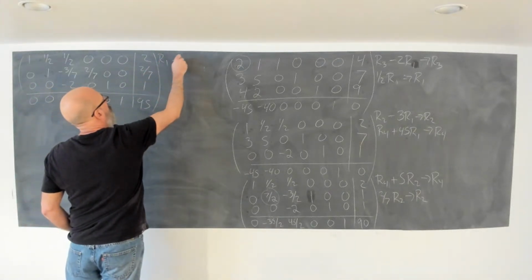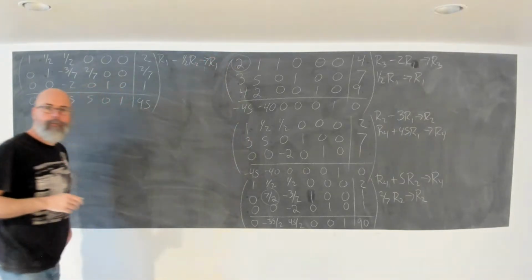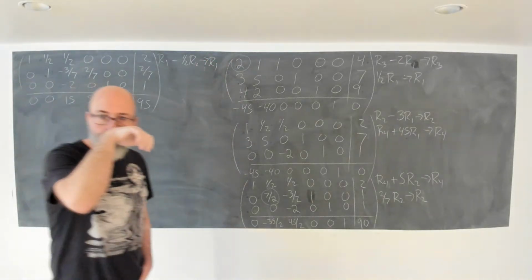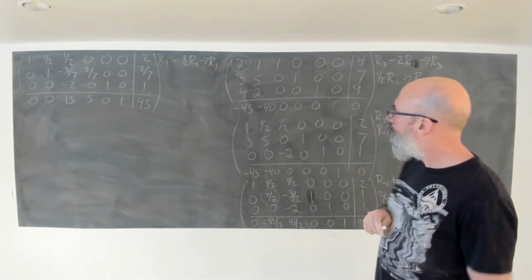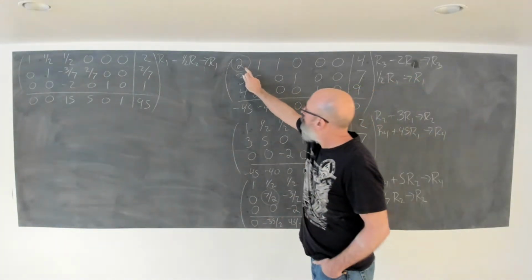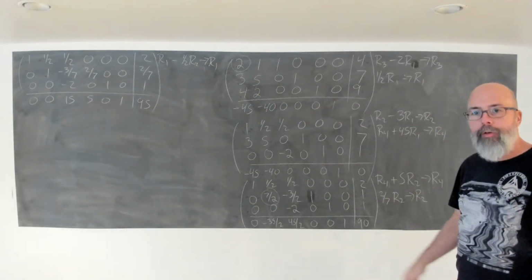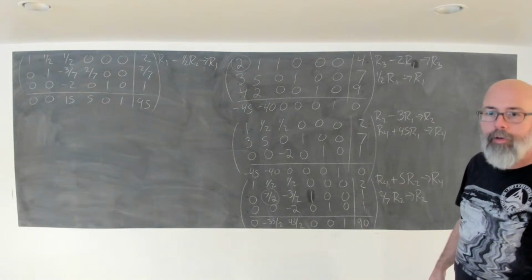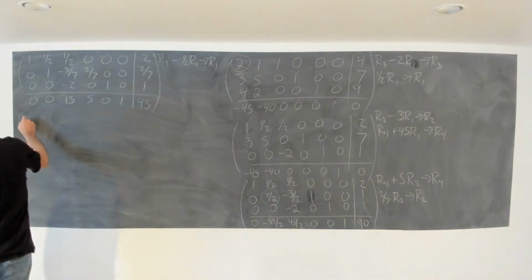Row 1 minus 1/2 row 2 for row 1. What was the pivot in the one before? It was 2. And now it's 7/2. Let's finish that up.